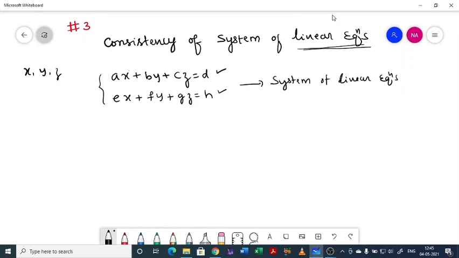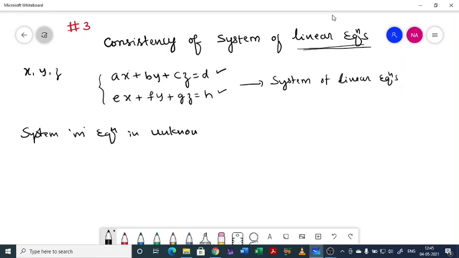Generally we write the collection as a system of m equations in n unknowns.